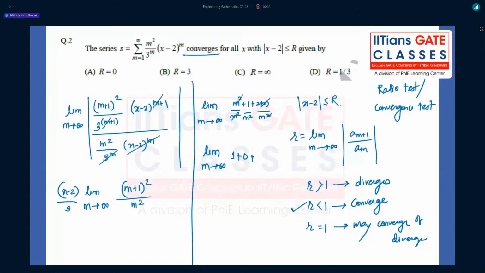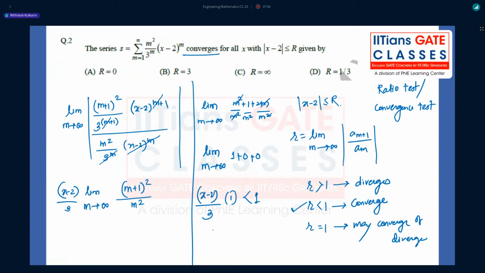So basically, we got 1 plus 0 plus 0, and we have x minus 2 here, divided by 3. So you can consider here now (x minus 2) divided by 3, into 1, is less than 1.